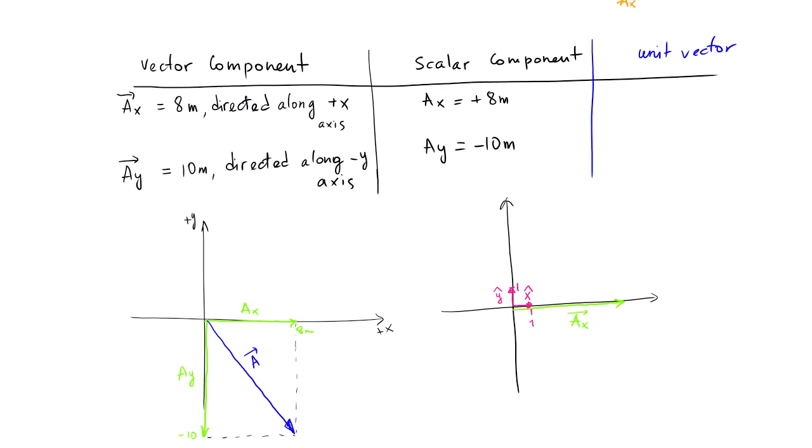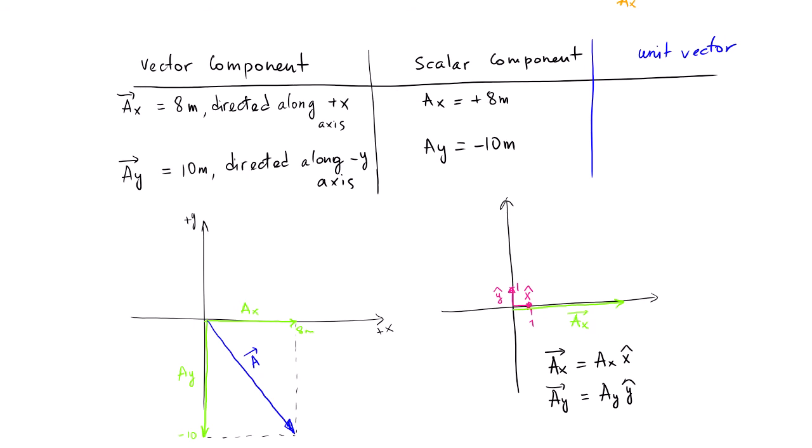So you could write the ax vector, if you want to drop the arrow, as ax equals the magnitude of ax times x hat. Similarly, we can write the ay vector equals ay times y hat.